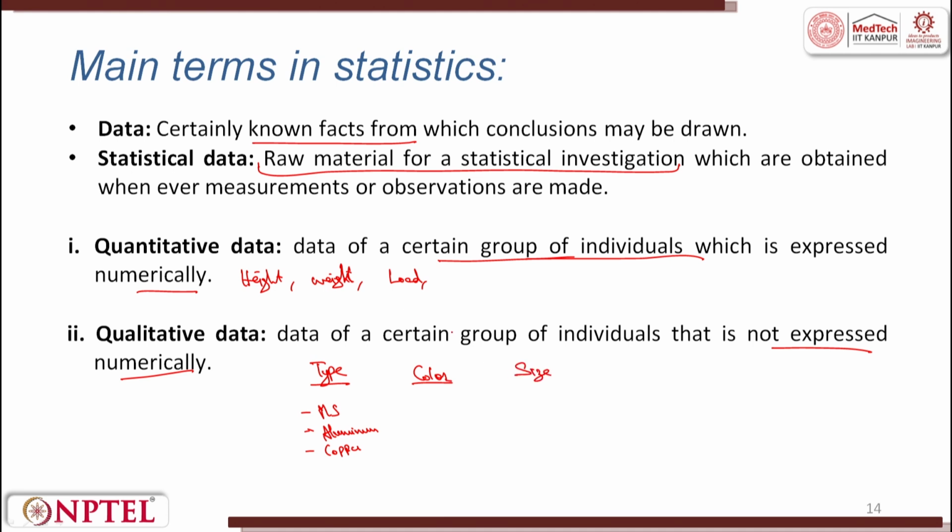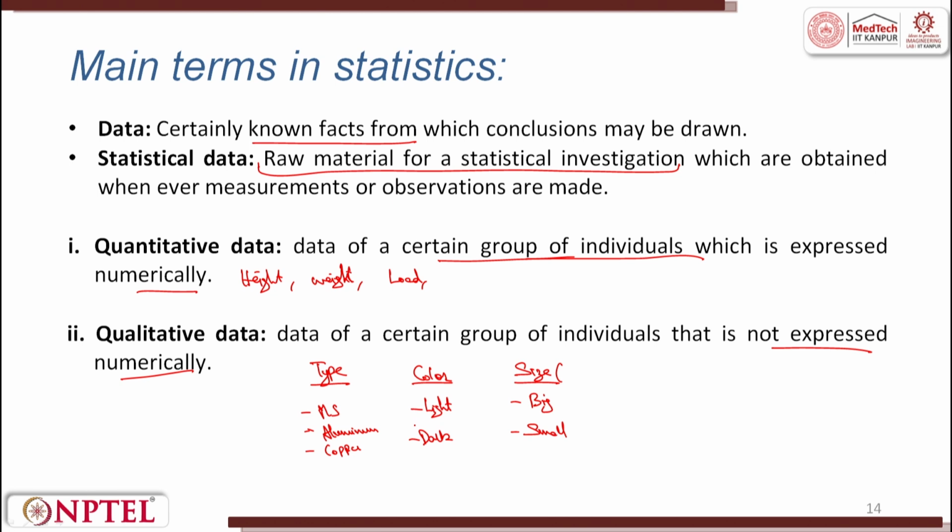Size could also be put in the quantitative data if size is specific. For example, if the size is 10 millimeter, 12 millimeter, that becomes quantitative data. If the size is only big or small, that becomes my qualitative data. If the color is light or dark, that becomes my qualitative data.